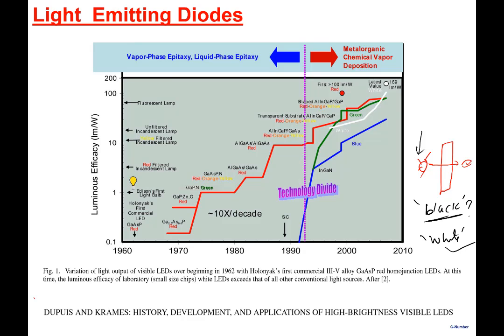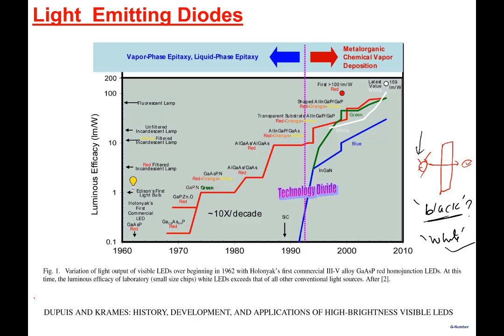Suppose I use a gallium arsenide substrate. On gallium arsenide substrate, I can make a red LED. But to make a blue LED, I will have to deposit gallium nitride also. Now, gallium nitride has a different lattice constant compared to gallium arsenide. So if I deposit gallium nitride on gallium arsenide, there are a lot of dislocations.